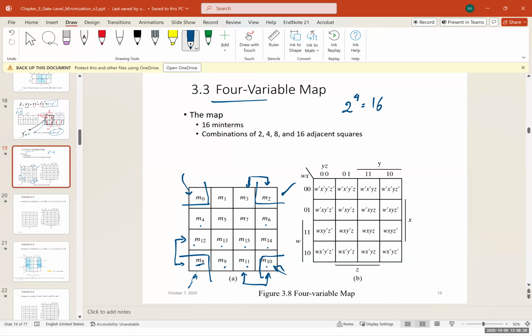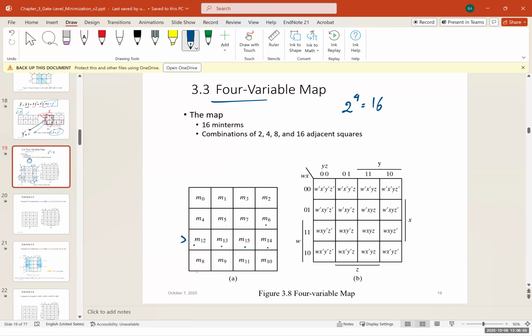I can also pair, for example, M4 and M12 with M6 and M14. As you remember, for a 3 variable map, it looks like a ring. Imagine that both of them are adjacent to each other, M0 and M2. Imagine this is in a 3D situation, and M0 and M2 are also adjacent.